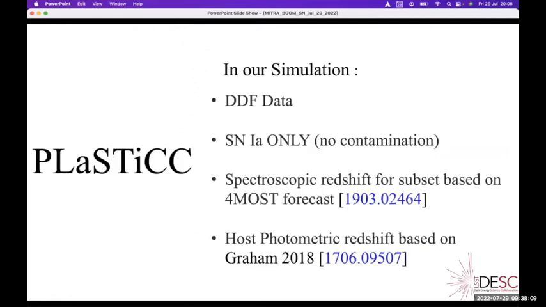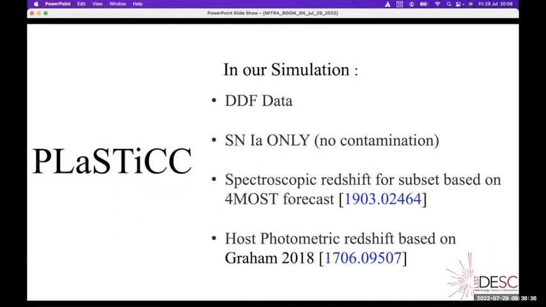Right. So I start with PLAsTiCC because, like I mentioned, our supernova is based on PLAsTiCC inputs. PLAsTiCC, as most of you might know, stands for Photometric LSST Astronomical Time-series Classification Challenge. We use the PLAsTiCC input in our simulations with DDF data, DDF standing for deep drilling field.